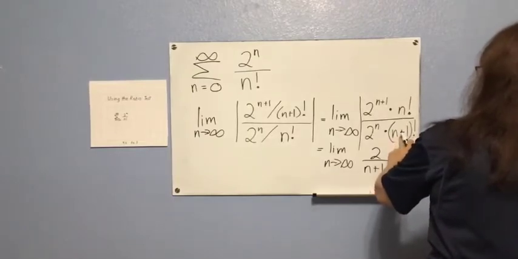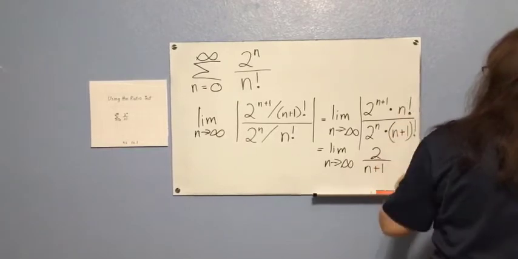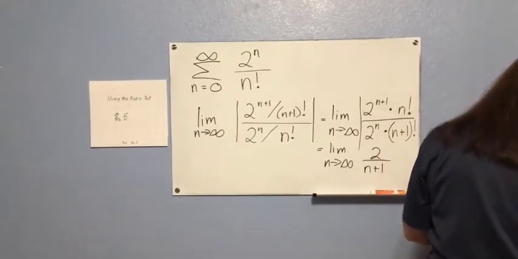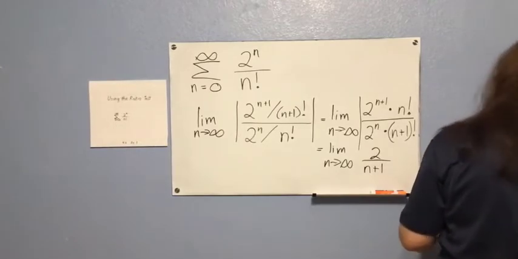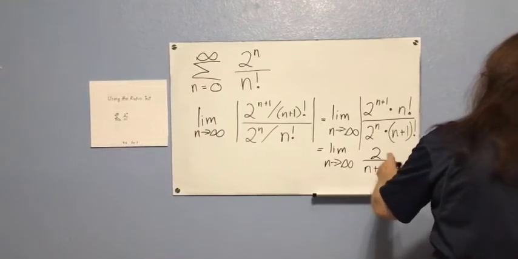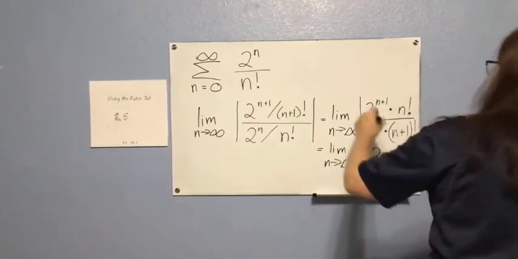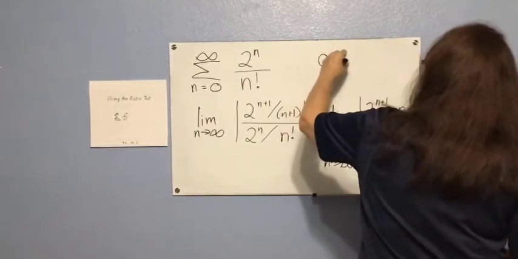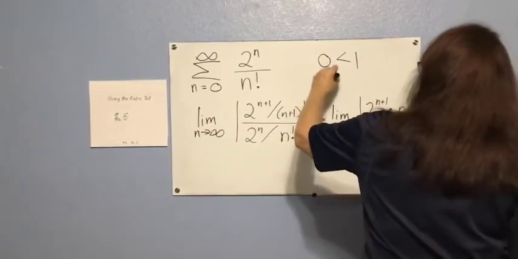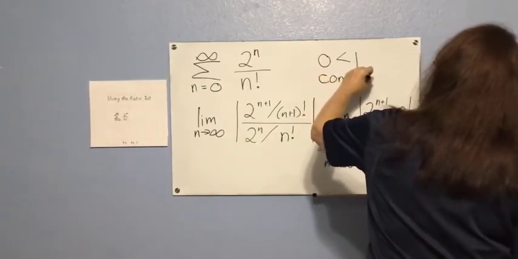N plus 1 factorial is just n plus 1 times n factorial. So the n factorials will cancel out, and I'm left with n plus 1. And as n goes to infinity, this limit is going to go to 0. And we know 0 is less than 1, which means that the series converges.